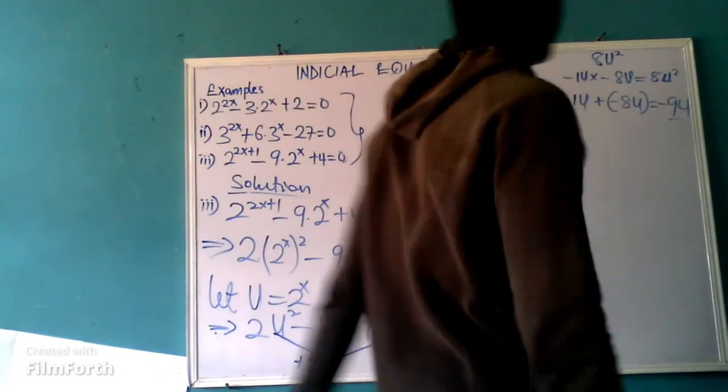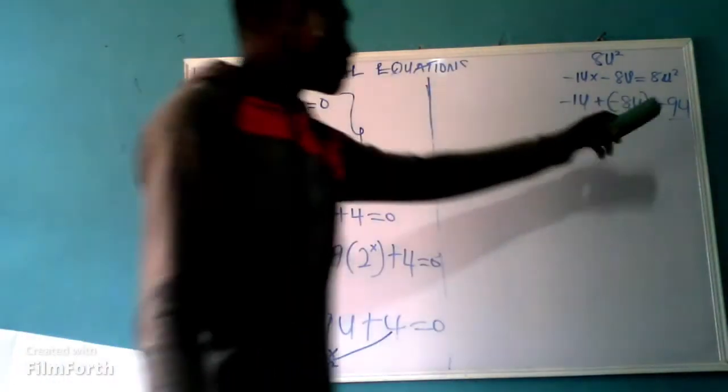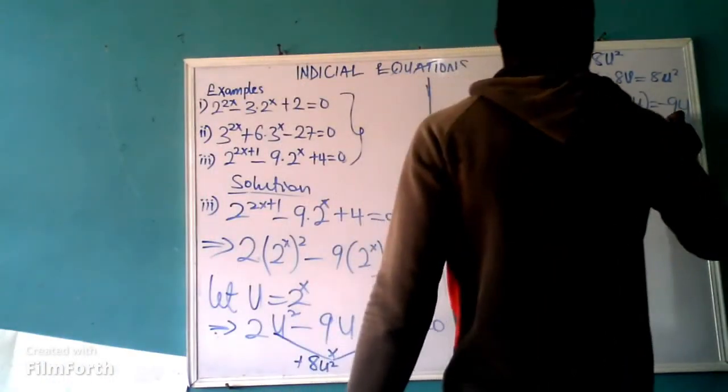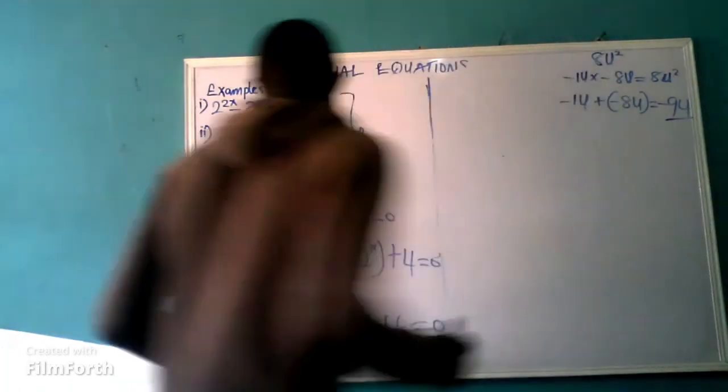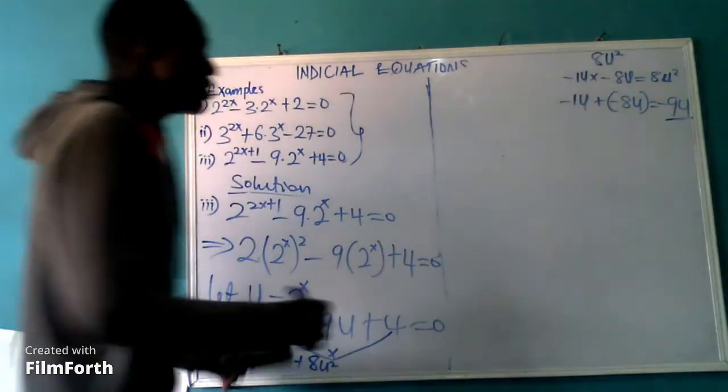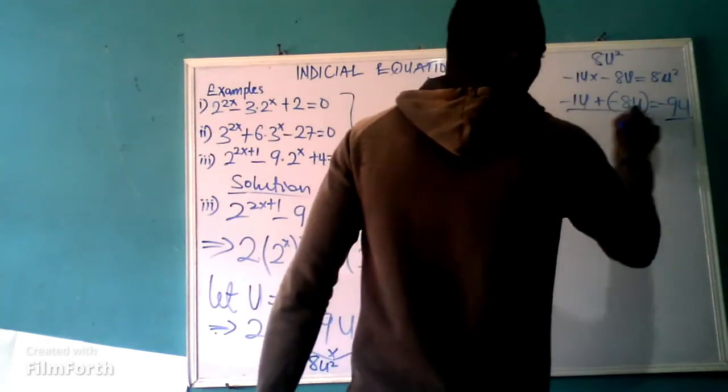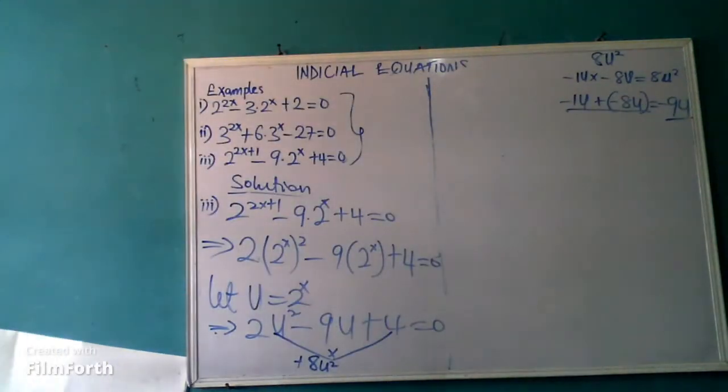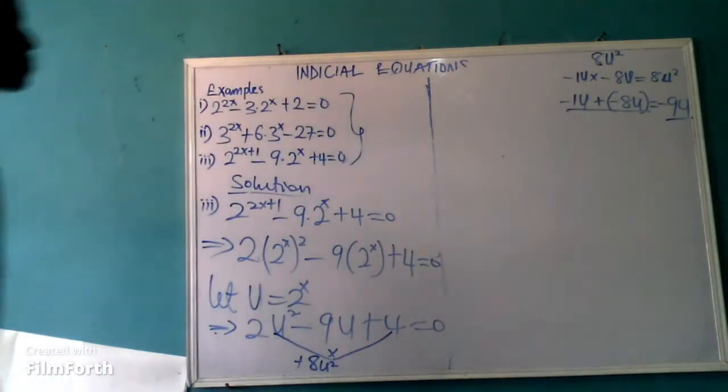Now with this, wherever we see negative 9u in this equation, we replace it by the whole thing here. Okay? Let's do that.